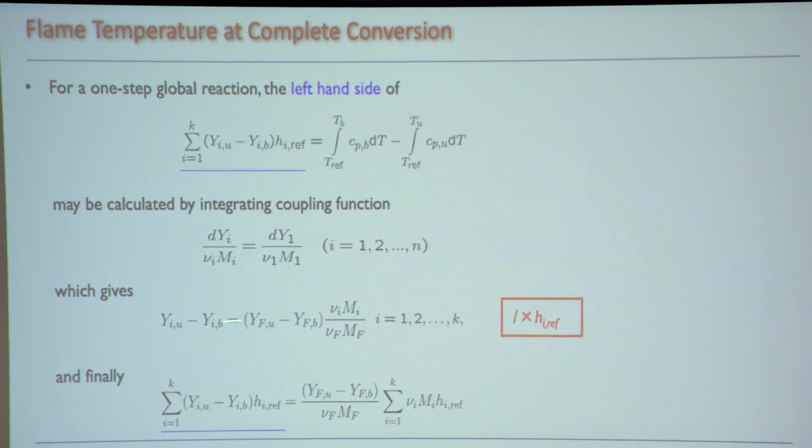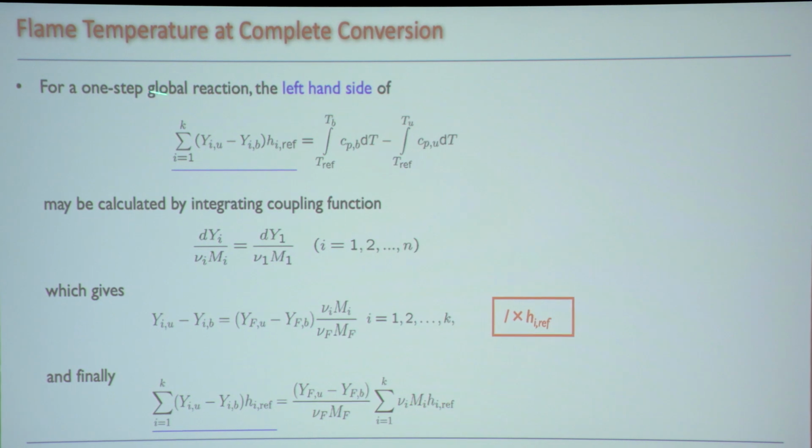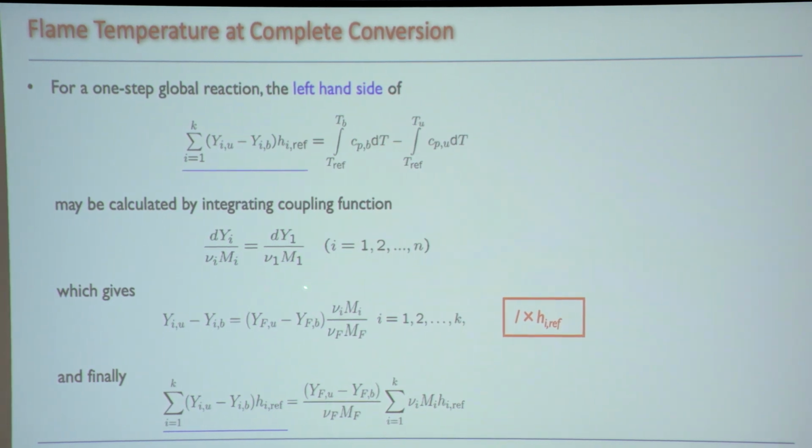Now, this is just for one species, right? I multiply this with the reference enthalpy and I sum over all, okay? And then I get this term, now expressed just by the fuel. And you see, this here is just a reaction enthalpy.